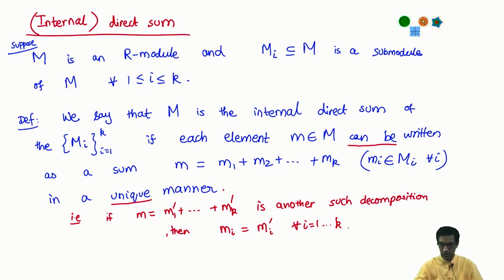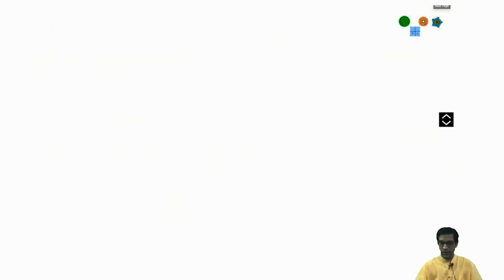So this is the definition. We say that M is an internal direct sum if every element admits a decomposition into a sum of mi's in a unique manner.